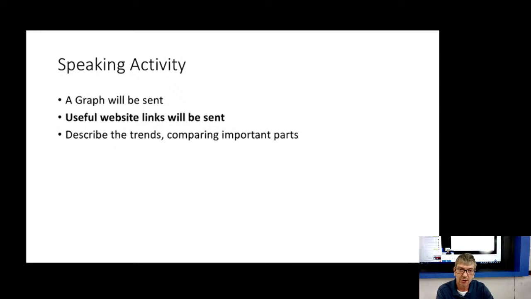And then look at the trends. So describe the trends and then compare important bits of the graph. So remember, we have an intro, then you talked about increase and decrease, comparing, and then finally we made a bit of a summary at the end.